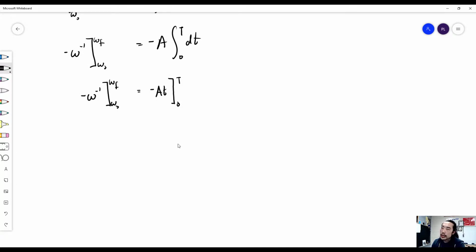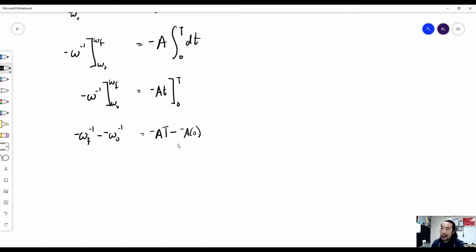What we got to do is plug in the constraints. So it'll be negative omega final to the negative 1 power minus negative omega initial to the negative 1 power is equal to negative a to the capital T minus negative a times 0. Okay, so we put in our initial and our final conditions there.